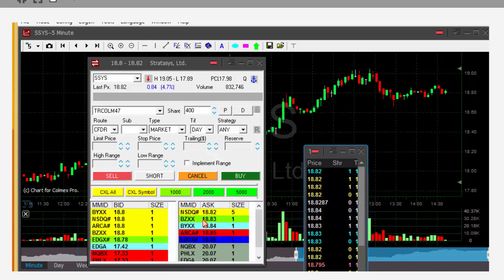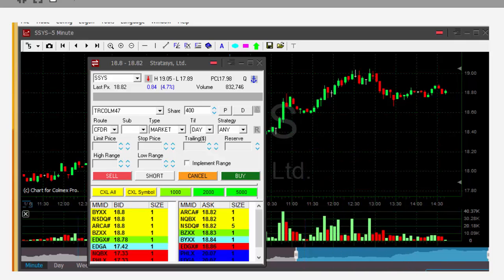I may decide I want to move at 1890 or a cent below that, also depending on the volume, how the chart looks, the volatility, and a lot of other things. But again, we're discussing orders here, and I'm not really supposed to be talking to you about strategies, but orders come with strategies.